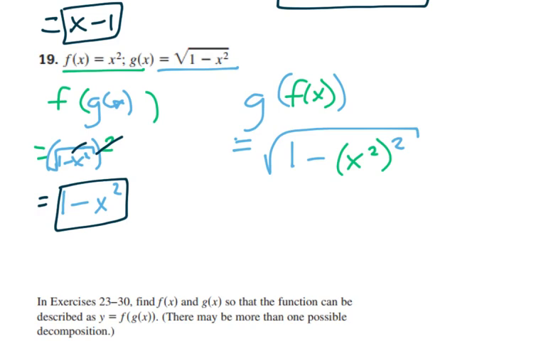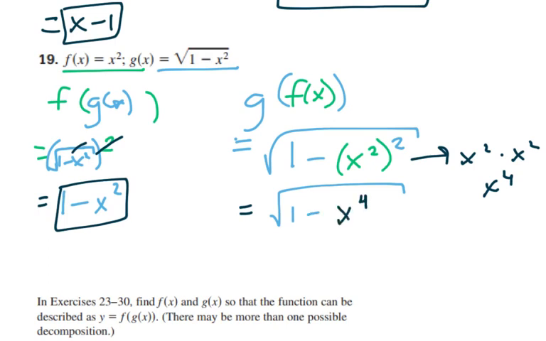So taking a look at this, this is not a square and a square root, so instead we're taking x squared and then writing two of them. So this is technically x squared times x squared, and so that's x to the fourth. So we're going to end up with 1 minus x to the fourth. And then again, some of you are thinking that you could reduce that with that square root, but since there is that subtraction happening, we can't. And so that's just the end.